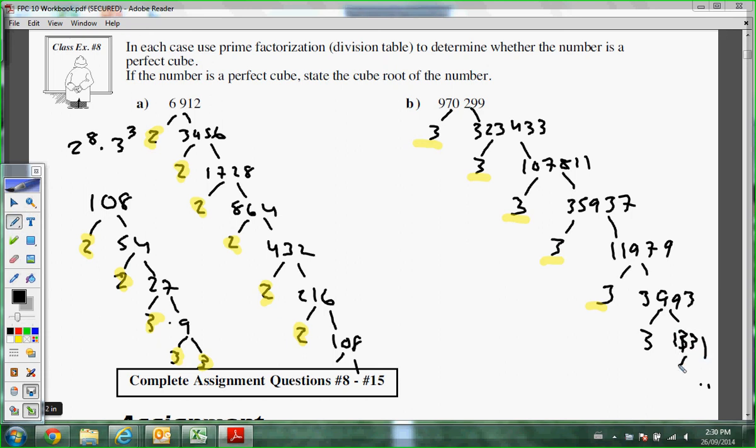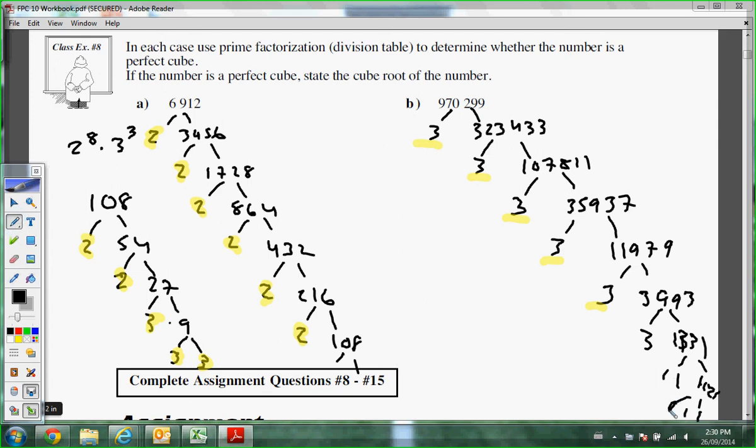And then it got to the end there, where that was 3 times 3993 divided by 3. 11. Okay. These trees are keeping me mixed up. Sorry. 11, 121, and then 11. Run out of room down there.